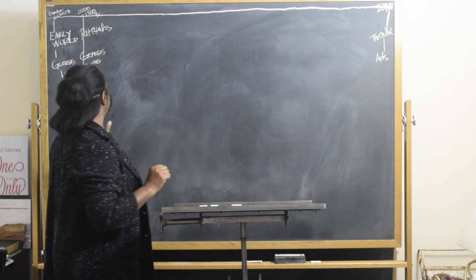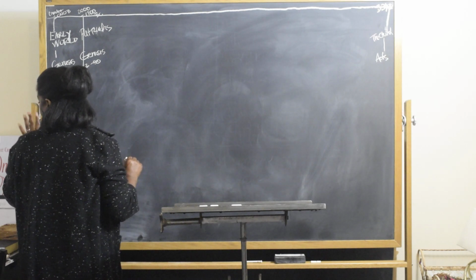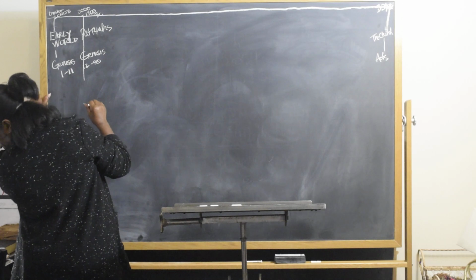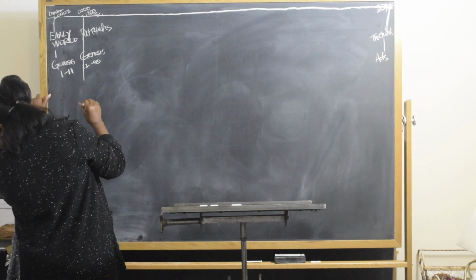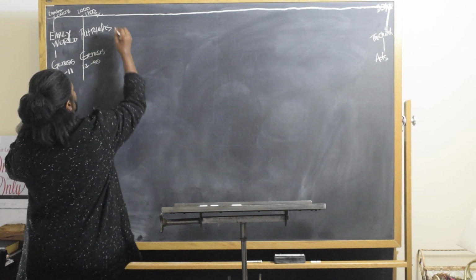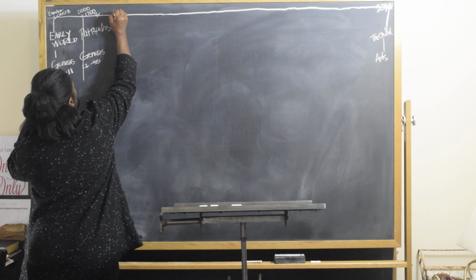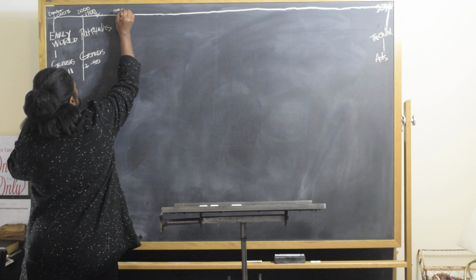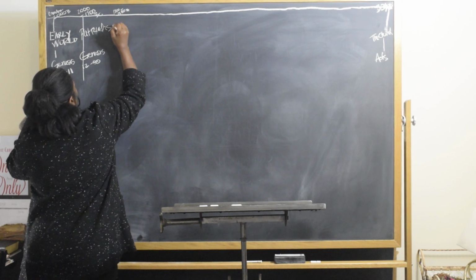Okay? Next, we have Egypt and the Exodus. And that is 1700 to 1280 BC.